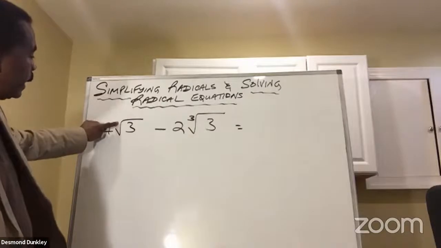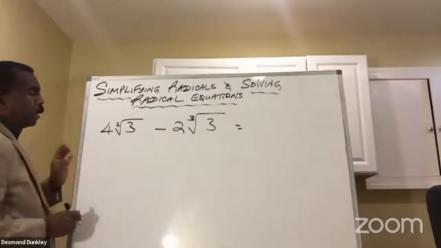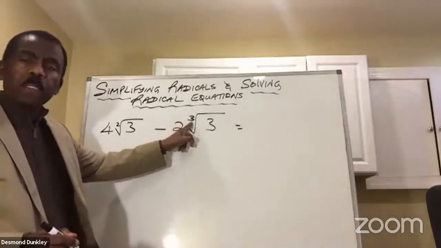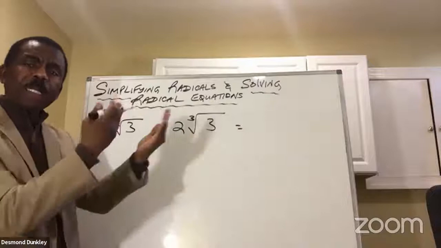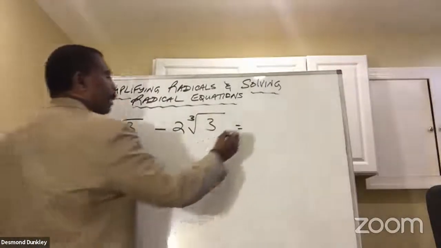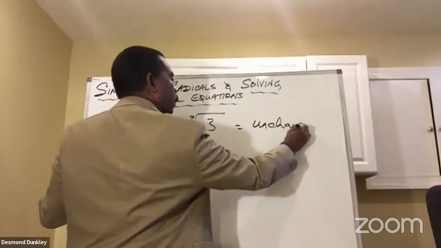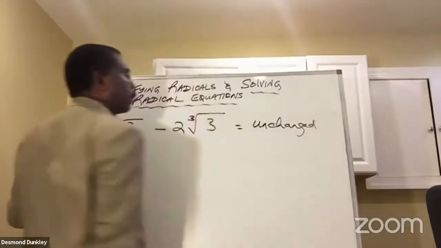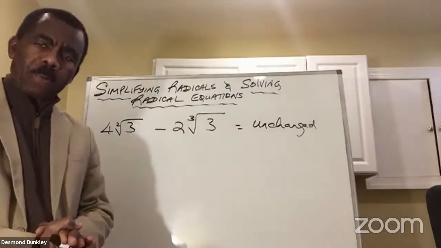However, this is square root, and this is cube root. Apple, orange. 2 different radicals, so they cannot be combined. So the answer is unchanged, cannot be simplified. Okay?